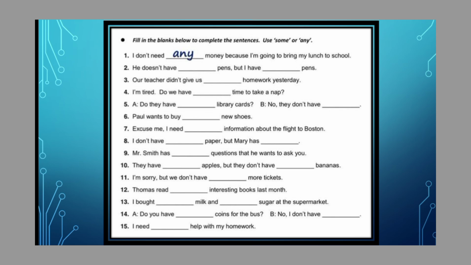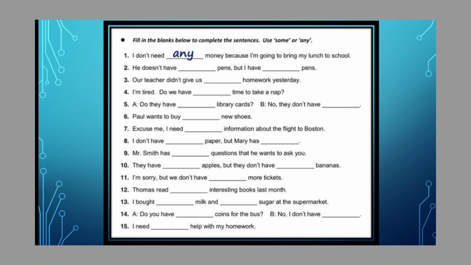And fifth question. Speaker A is saying, do they have dash library cards? And speaker B is saying, no, they don't have dash. For the first dash it is a positive sentence and the second dash is a negative sentence. Do they have some library cards? And then speaker B, no, they don't have any.